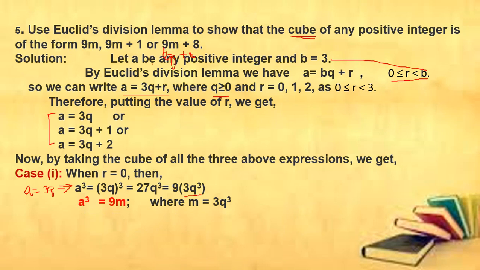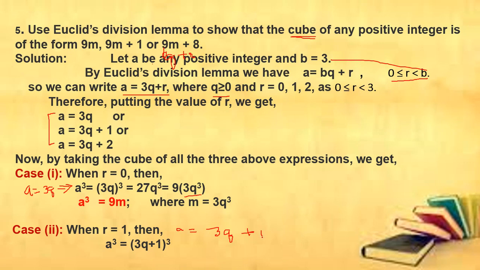Now when a equals 3q plus 1, what will happen? In case 2, r is 1, that means the remainder is 1, so the value of a is 3q plus 1. Now take the cube of both sides.